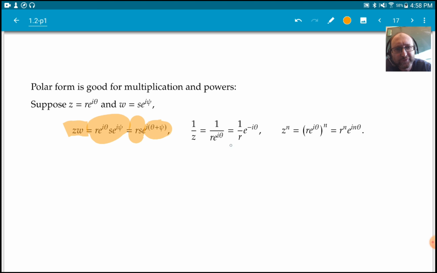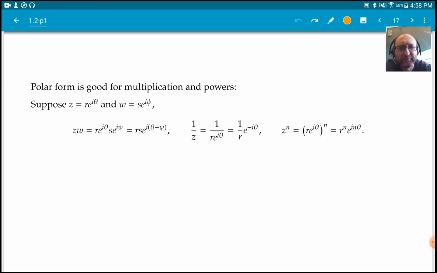Now, similarly, if I divide, again using laws of exponents, we notice that for 1 over z, the modulus is 1 over r, so that's easy. And if multiplication adds arguments, division subtracts.